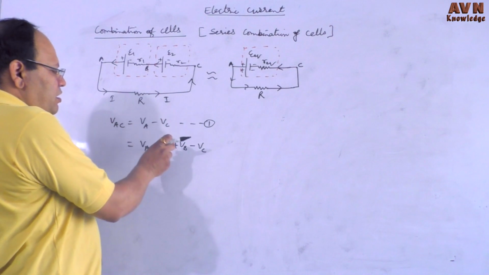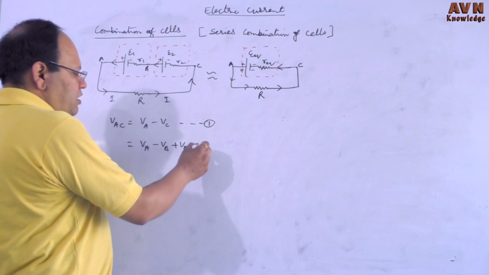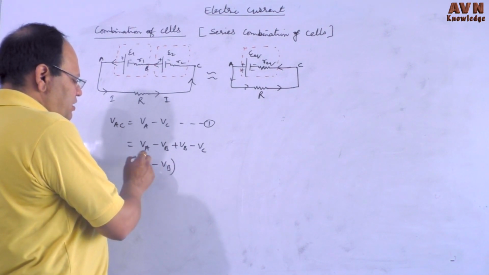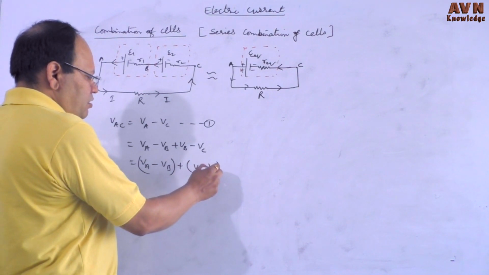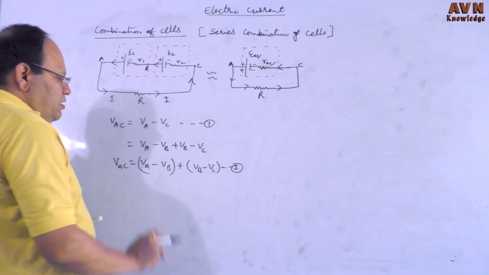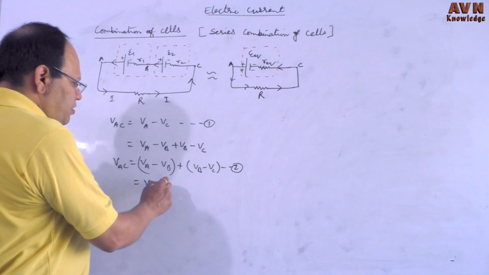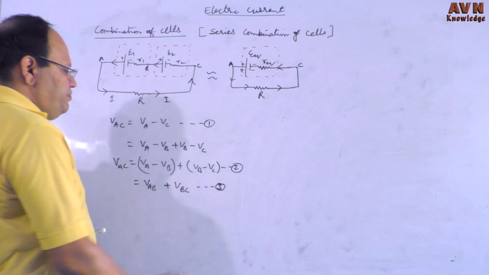So in this equation, a potential is minus B and a potential is plus B. So we can write this equation like this: VB minus VC, and this equation is equal to the VAC. And what is the VAB? We can write VAB plus VBC in this equation.